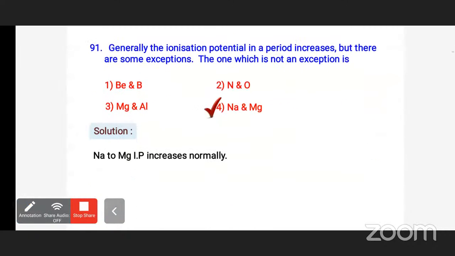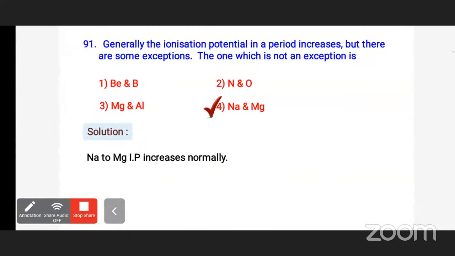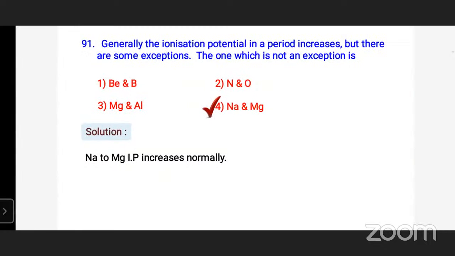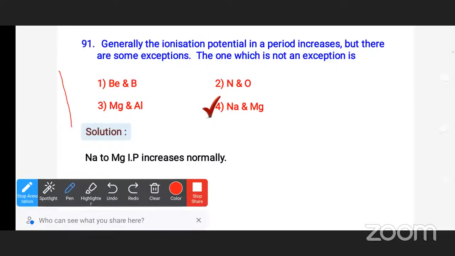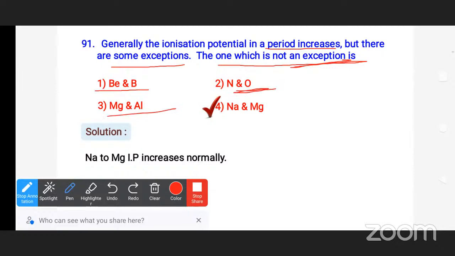Okay. Then next question, students. Generally, the ionization potential from left to right in a period increases, but there are some exceptions. The one which is not an exception is: number one, beryllium and boron, number two, nitrogen and oxygen, number three, magnesium and aluminium, number four, sodium and magnesium.